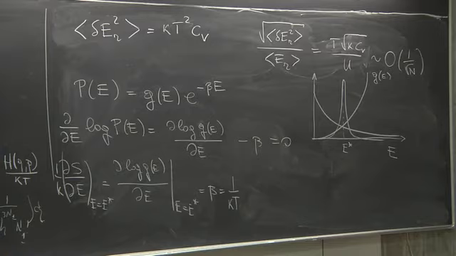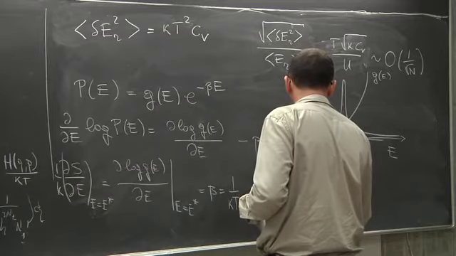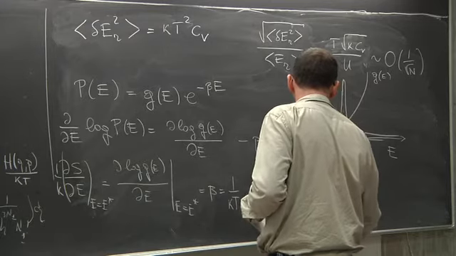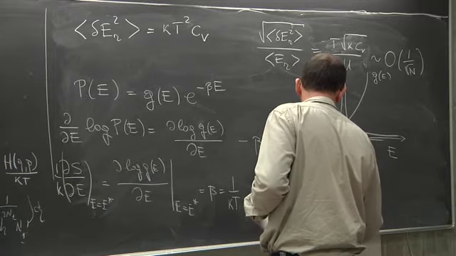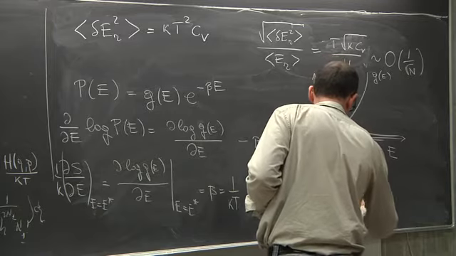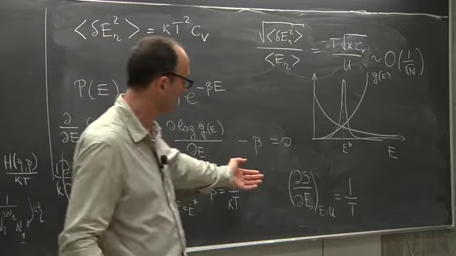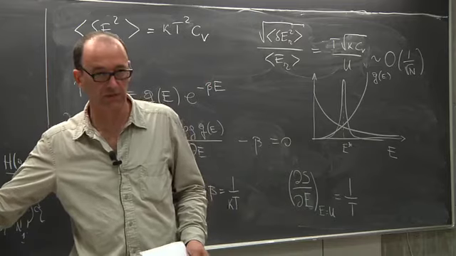On the other hand, in the canonical ensemble, we know that the derivative of the entropy with respect to the energy, when the energy is equal to U, is equal to 1 over T. This is the thermodynamic relation which you get from this thermodynamic potential.